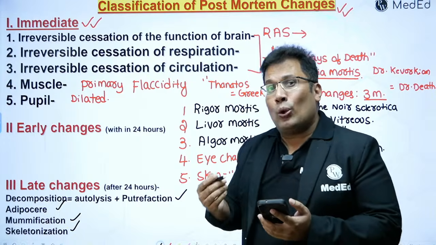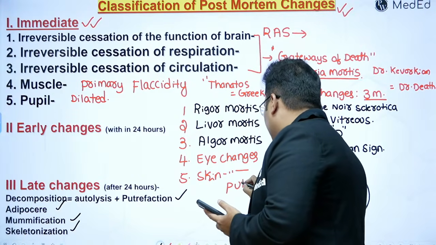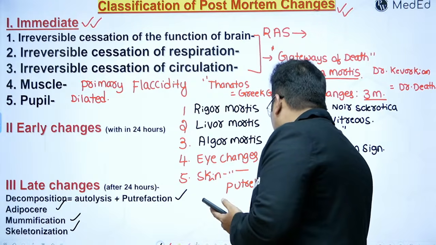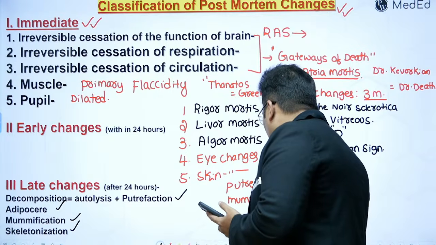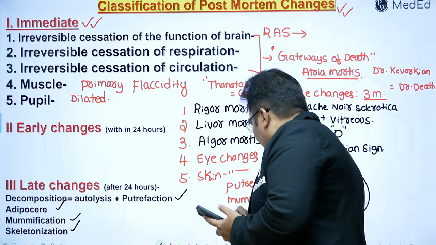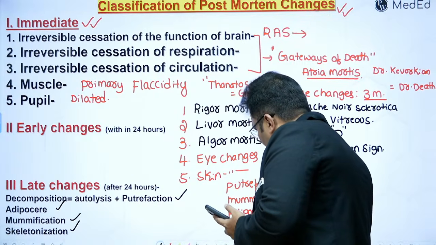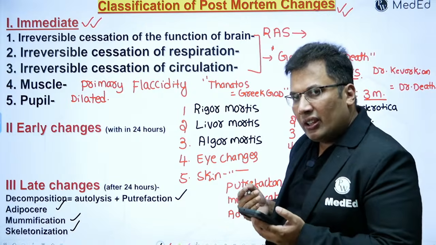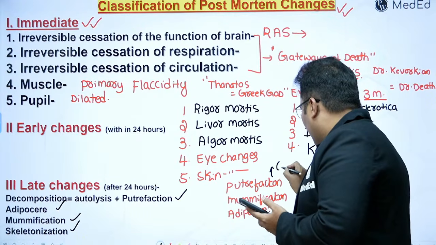What is the color in putrefaction? In mummification? And in adipocere? Very important question. In putrefaction, the pigment color is green.